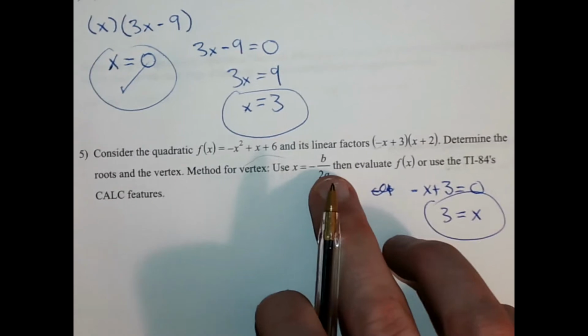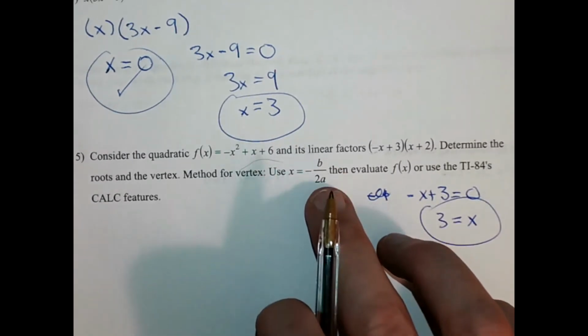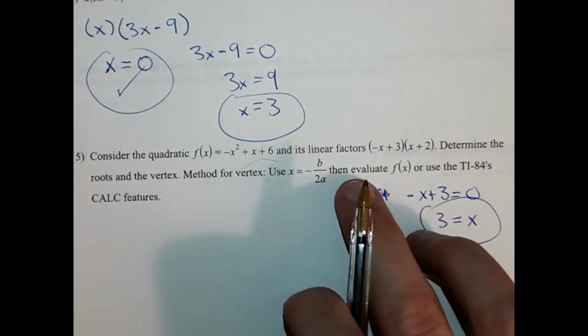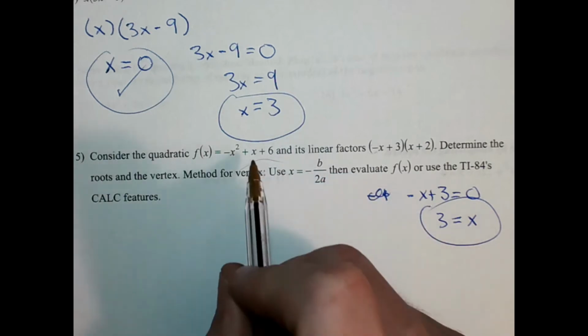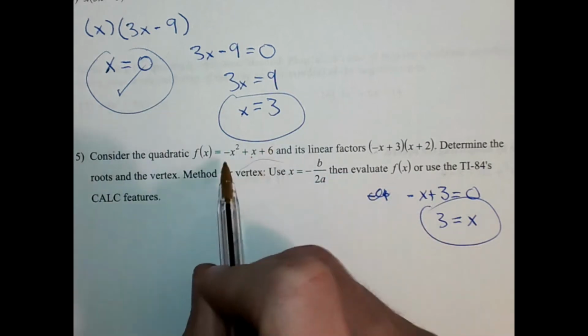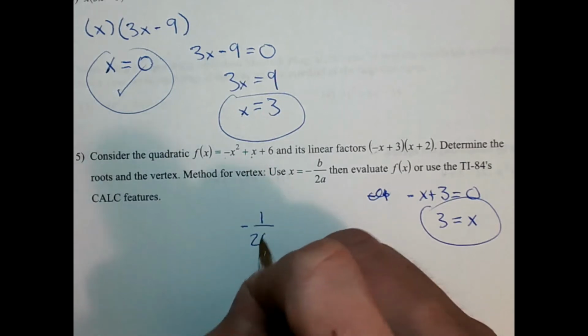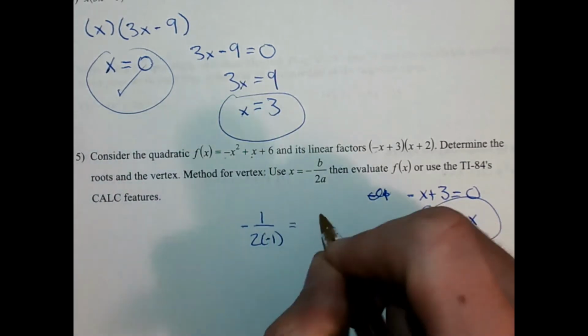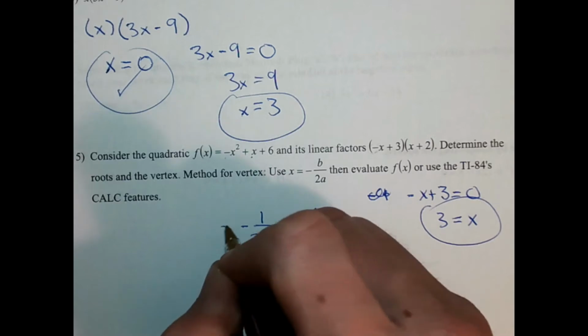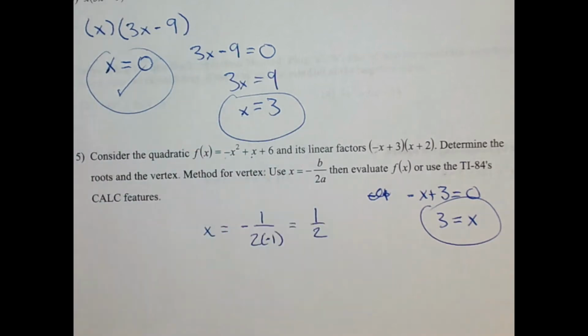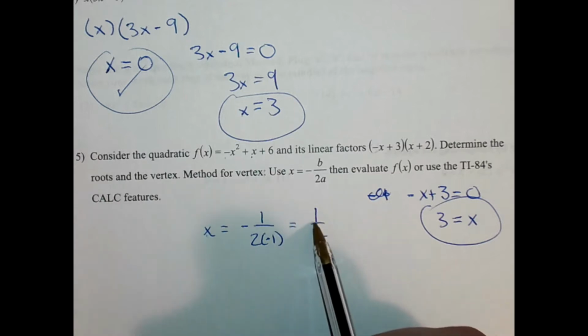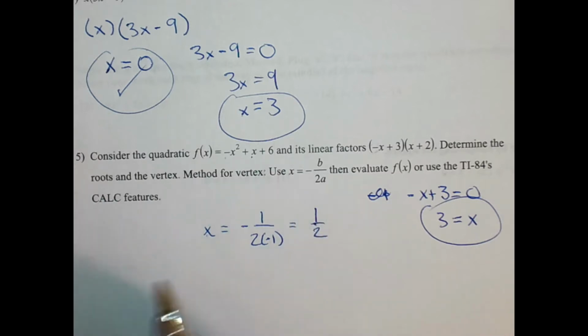The method for the vertex here, the opposite of b over 2a, that's going to give us the x-coordinate of the vertex. B is 1, A is negative 1, so that's 1 over 2 times negative 1, which equals positive 1/2. So there's the equation of the axis of symmetry, x equals 1/2, which is the same as the x-coordinate of the vertex.